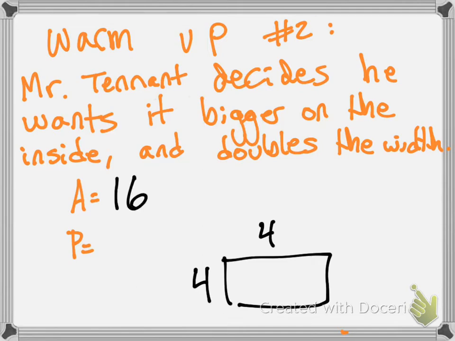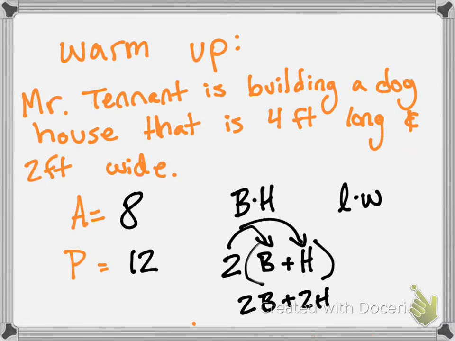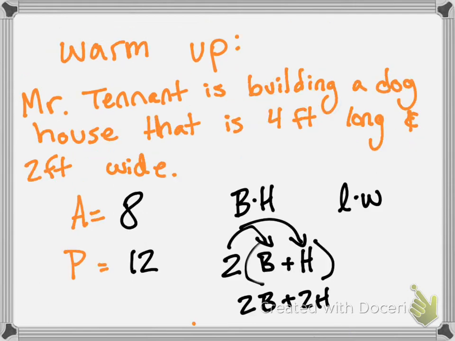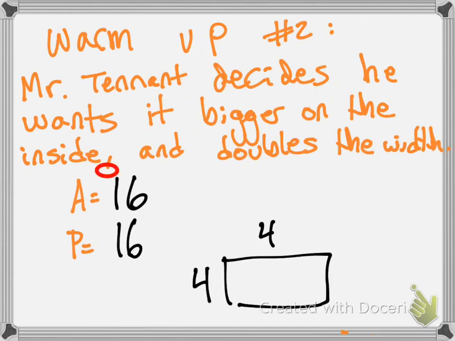And what about our perimeter? What's our perimeter, Gore? It's also 16. Remember, it doesn't always end up being the same. But the area became what? What happened to that area? What happened, Hannah? It doubled.